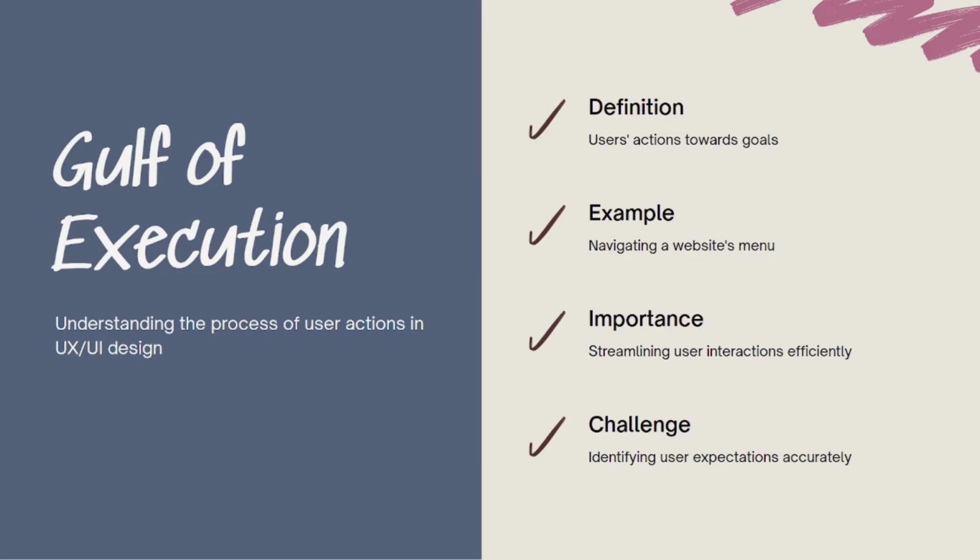The design should be made in such a way that the user should be able to navigate through the menus of the website and know which option will be under which particular menu. So users' action towards the goal is guided by users' understanding of where that particular thing would be to achieve the goal, in terms of an element of your design.